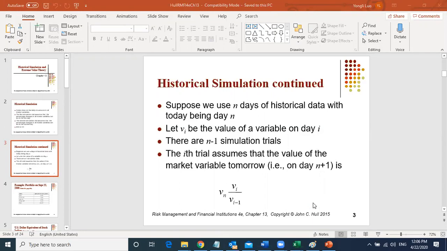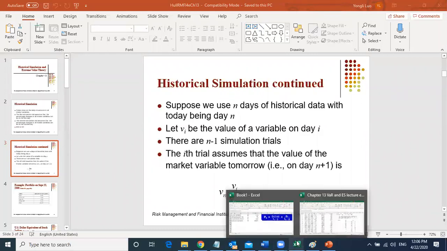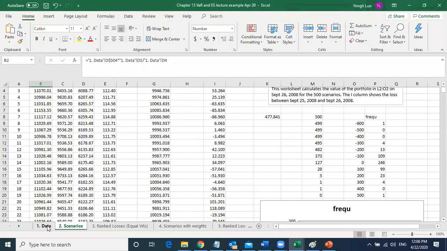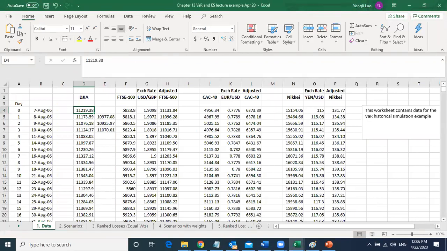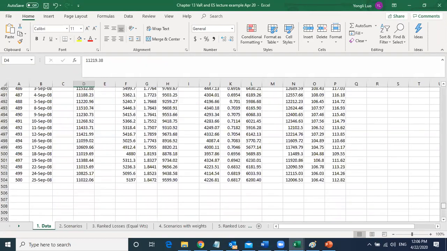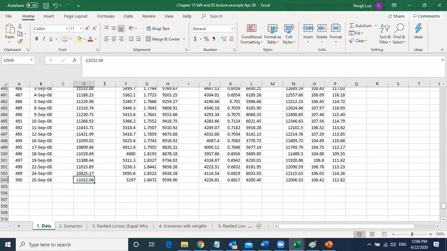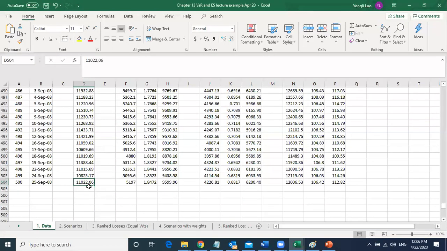We have the last one, V_n, where the total number of observations is n. For example, in this data set, how many observations do we have? We have 504. That's the total number of observations, that's the last one.